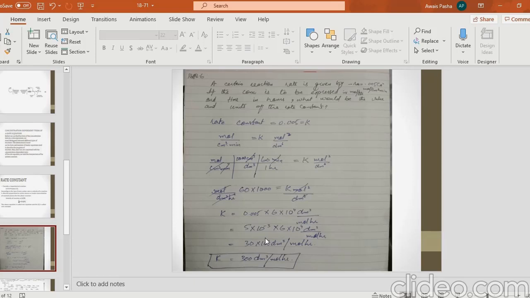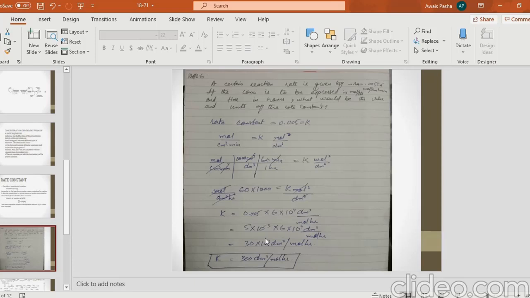Means we want to change the unit in terms of mole per decimeter cube per hour. Now the rate constant K is 0.05.